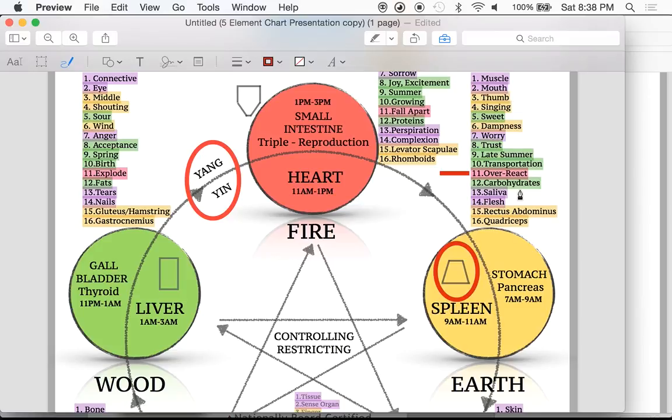So you've got mouth, stomach, small intestine, the 3 locations for carbohydrates, proteins, and fats. So as we look at this, notice that in this element is the pancreas, which would deal greatly with carbohydrate assimilation and properly breaking down carbohydrates. We also have the salivary glands as a possible imbalance.